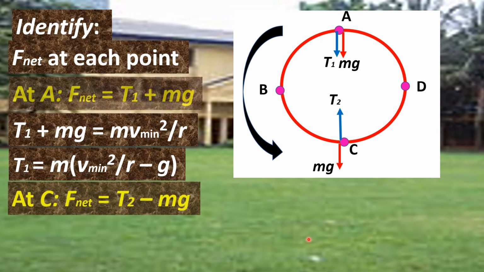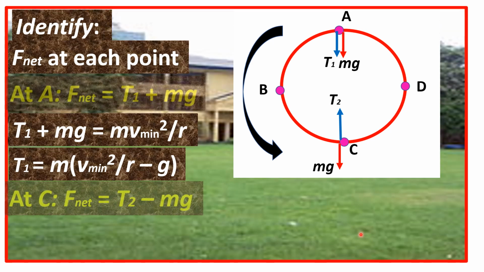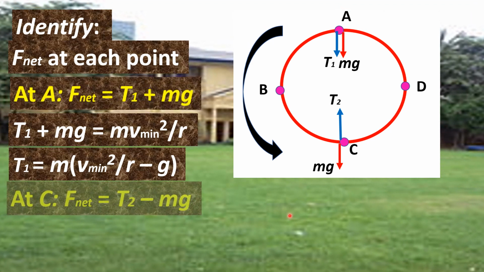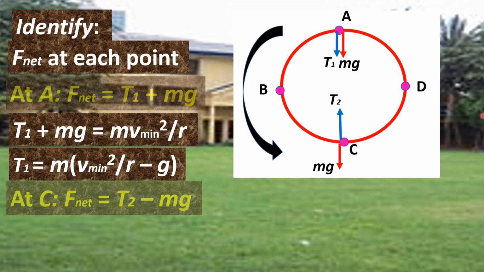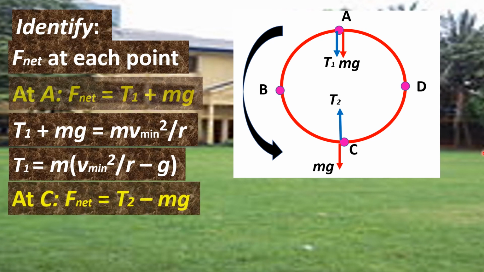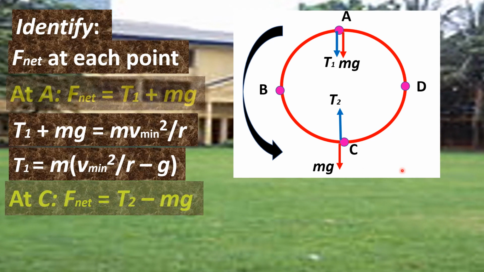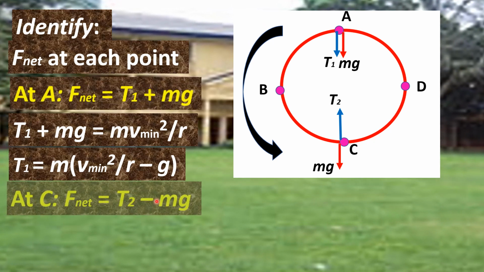That is the force of the tension of the string minus the weight of the ball, mg. All right? Why the minus sign? It is because the tension force T sub 2 is now opposite to the direction of the weight, or force of gravity on the ball.